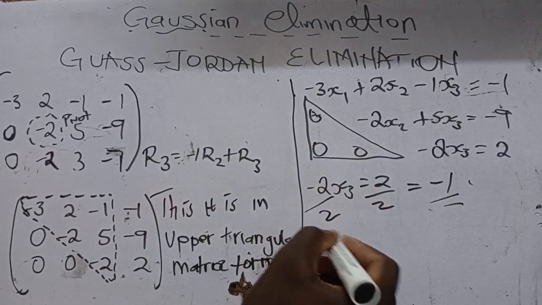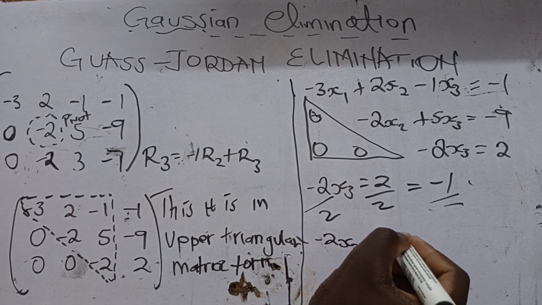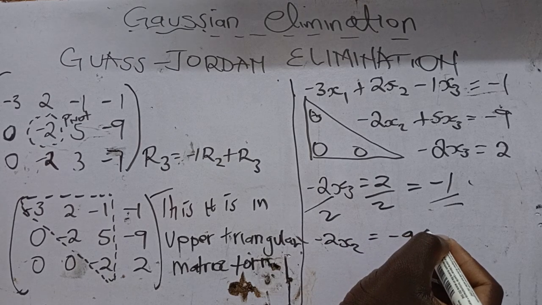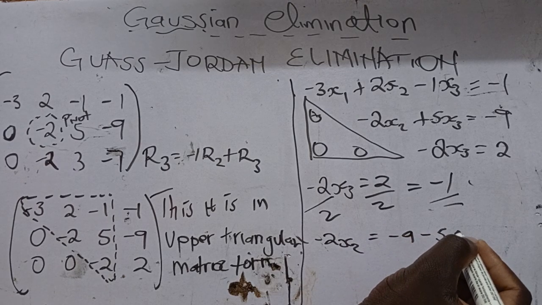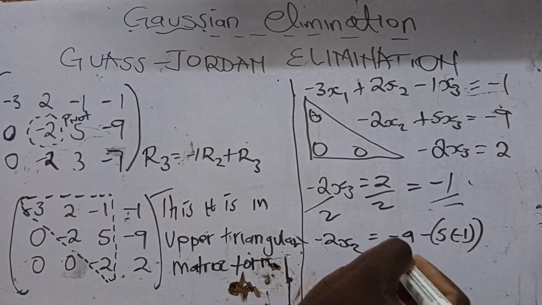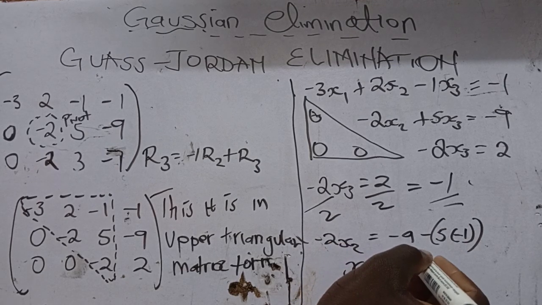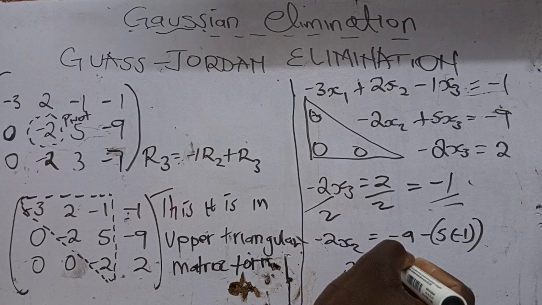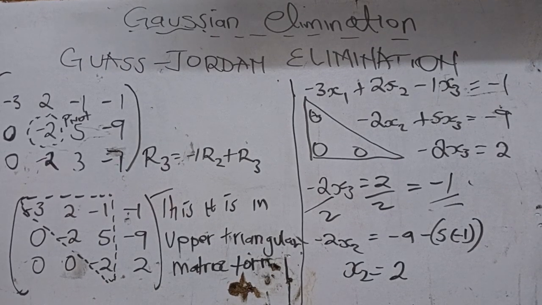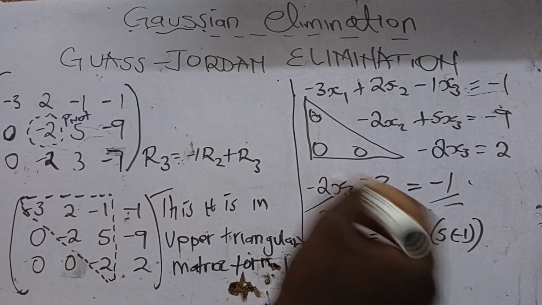What is x2? Negative 2x2 plus 5 times negative 1 is equal to negative 9. You will find x2 to be 2.